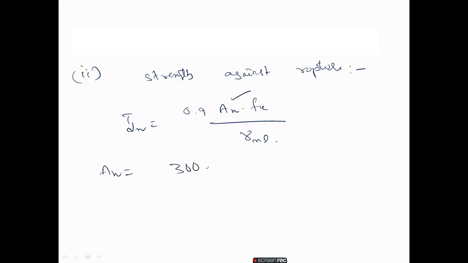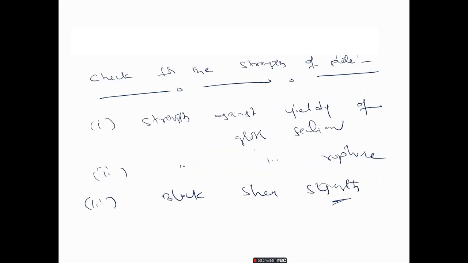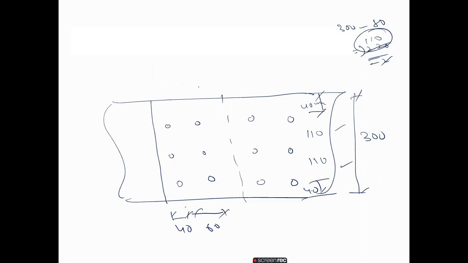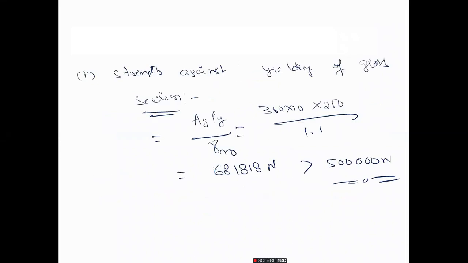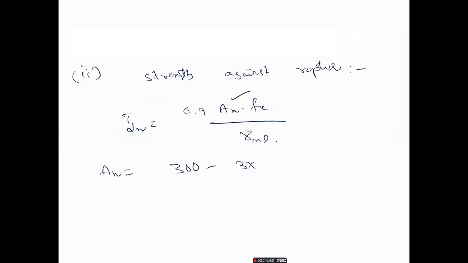That is 300 minus 3 holes, if you see. Here a total of 3 holes are there, and we have to remove the 3. In most cases the rupture happens here. That's why we take 3 times the hole diameter multiplied by the plate thickness, that is 10 mm. You will get 2340 mm square.